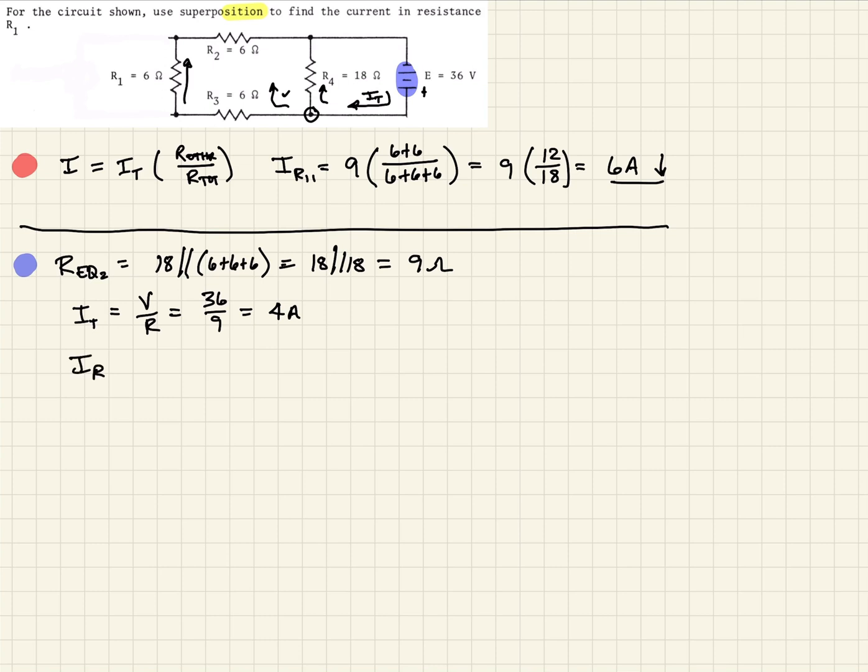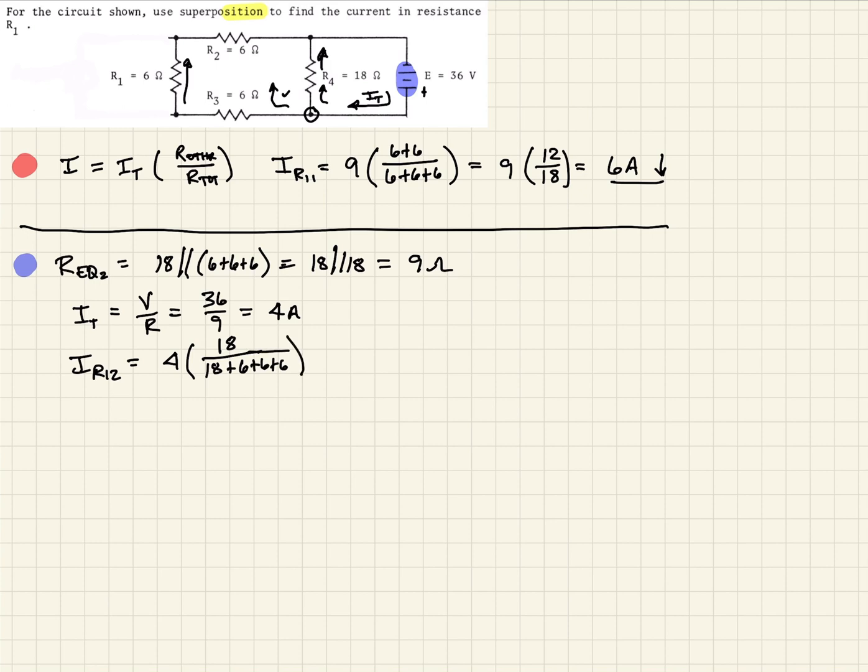Now to get our current, we'll call it I_R1 from the second source. Again, it's just current division. We have our I total, and we can fill in the values here. Our I total is 4, and the path that we're not interested in is this 18 ohm resistor, over 18 plus the resistance in the other leg, 6 plus 6 plus 6.